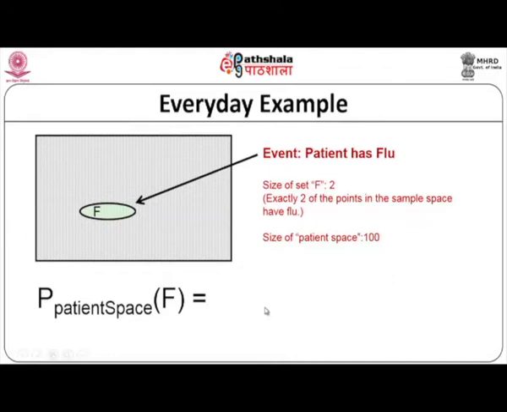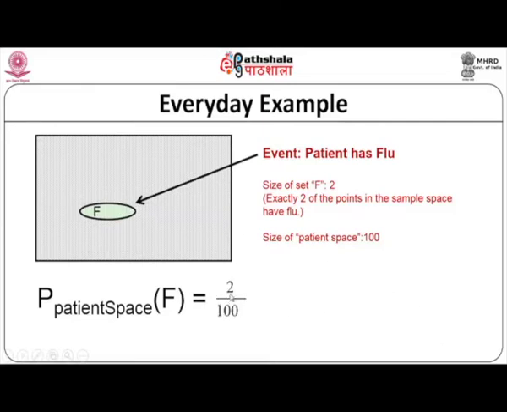For this, we need to know the number of favorable chances and the total number of chances. Here the number of favorable events is the 2 patients who have flu, and the total number of chances is nothing but the total number of patients.